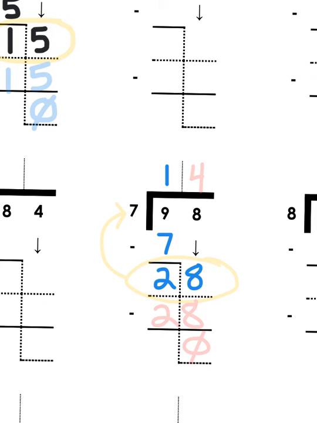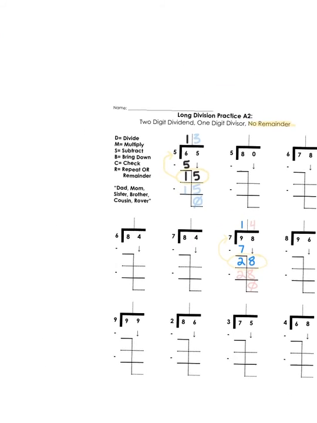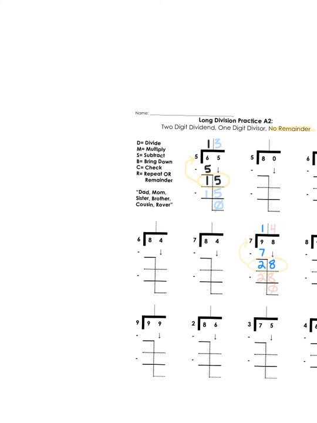Now, I can prove that to be true, or I can check my work very simply by taking my quotient, which is 14, and then multiplying it by my divisor, 7. Okay?